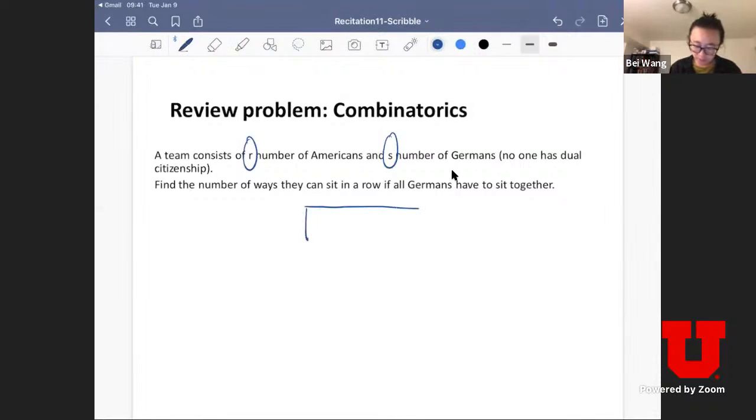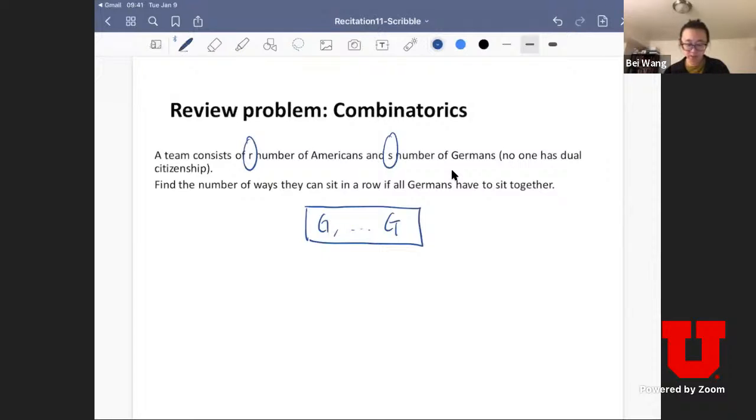So I'm just going to put all the German participants in this box to represent that they are all together in this permutation problem. So you have all of them in one unit. Now, we don't have any regulation of how Americans are going to sit.